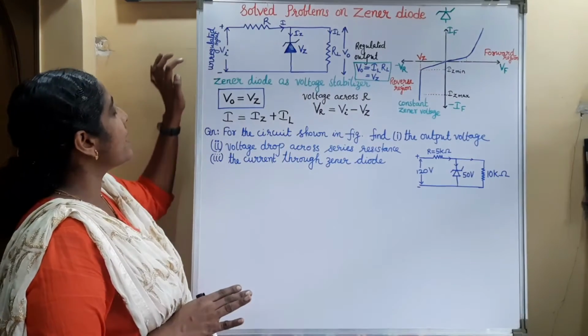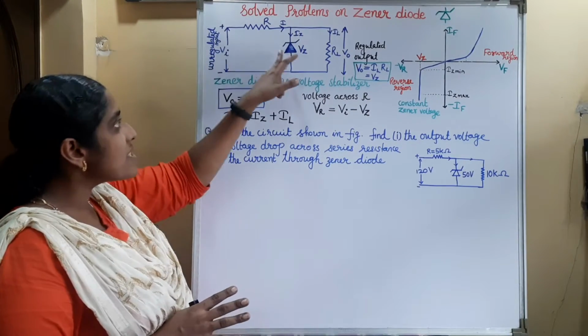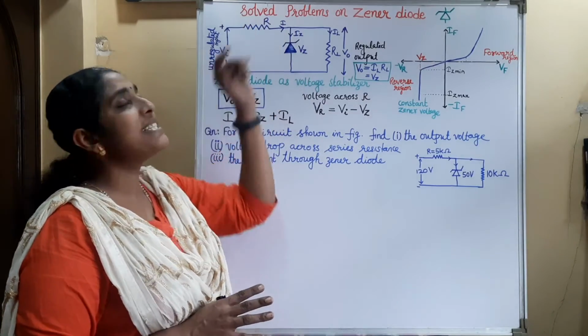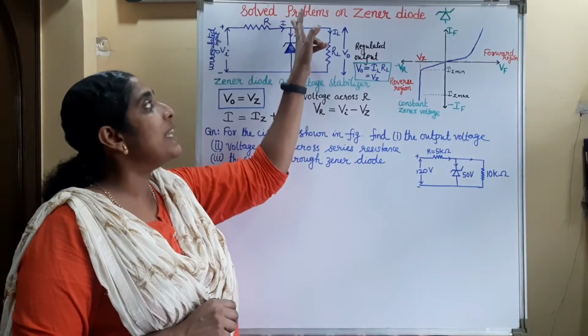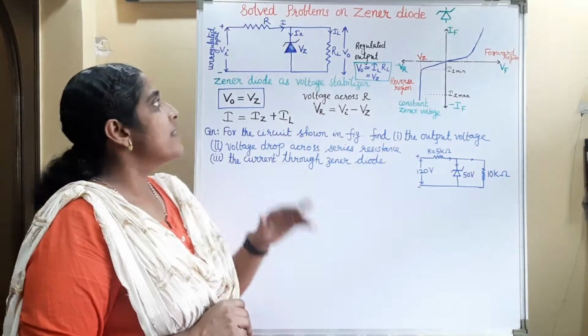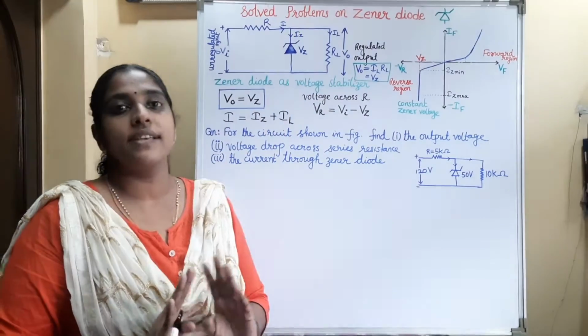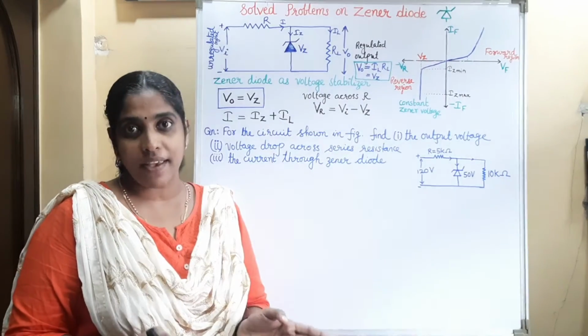Here we are applying an unregulated power at the input across the Zener diode through a series resistance R. This series resistor helps to limit the current that is flowing through the Zener diode. Remember, the Zener diode is always operating in the breakdown region, that is in the reverse biased mode.